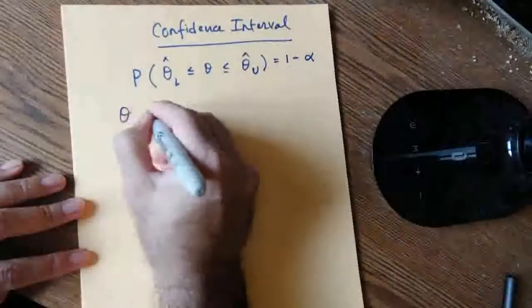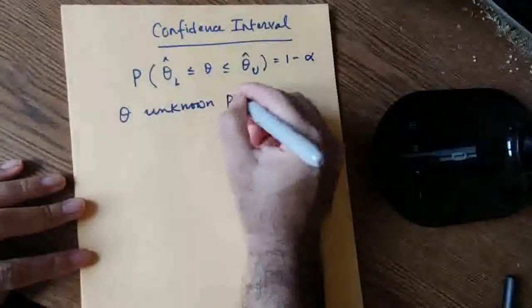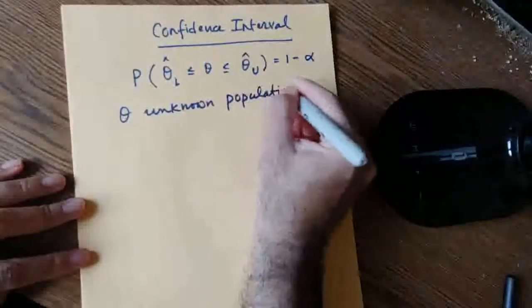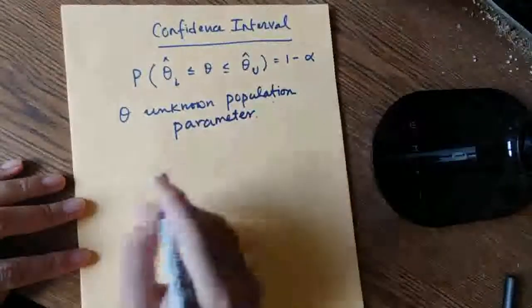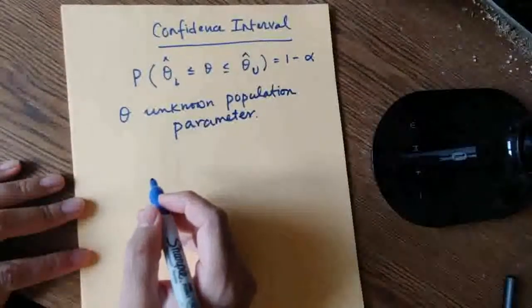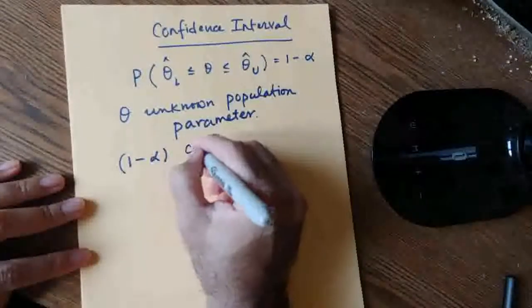So theta here is an unknown population parameter. And 1 minus alpha is known as the confidence coefficient.